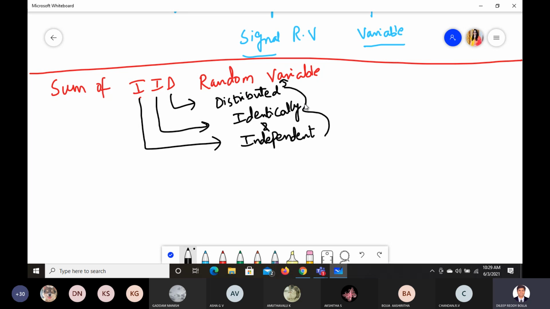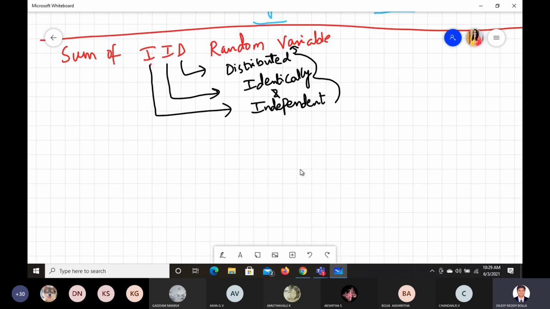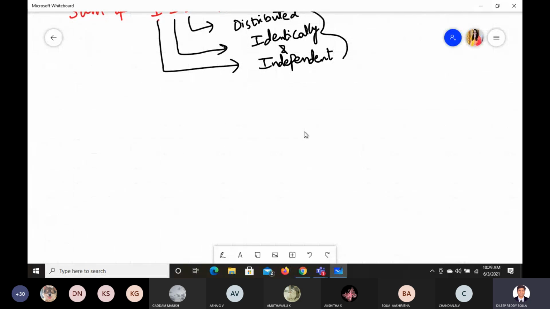They are independent and identical, but distributed in a time scale or in a frequency scale, whatever it is. Before, we have seen only the sum of two independent random variables, right? Now along with independent, we are now seeing identical.